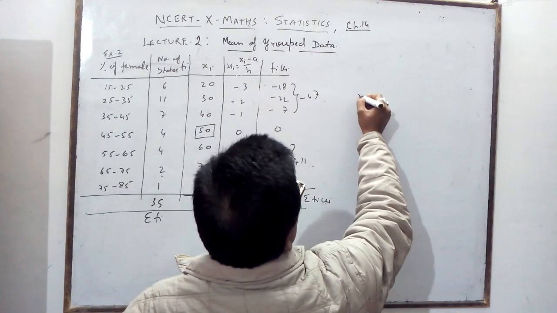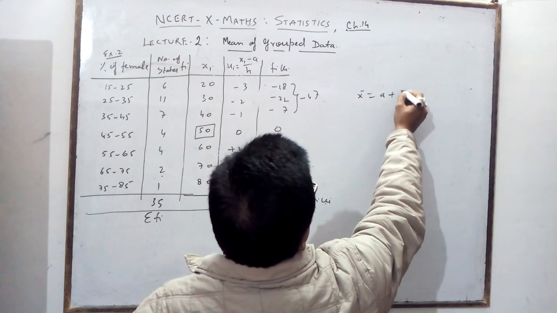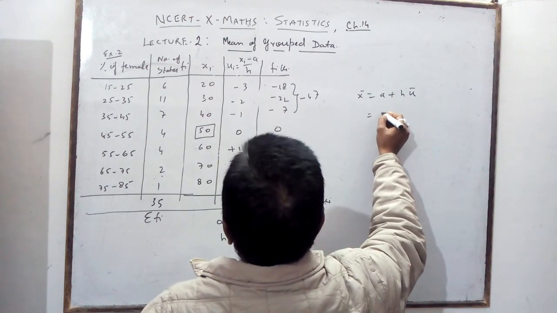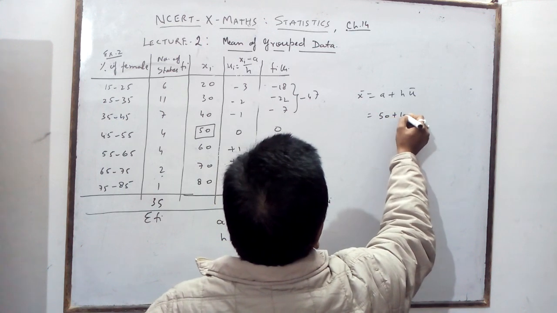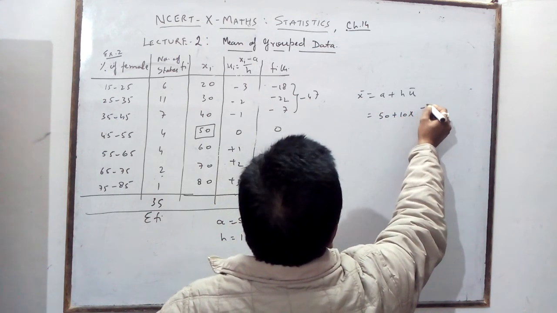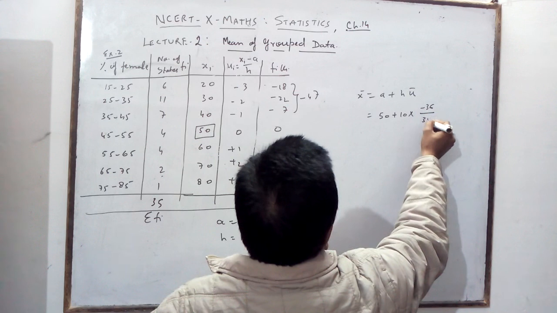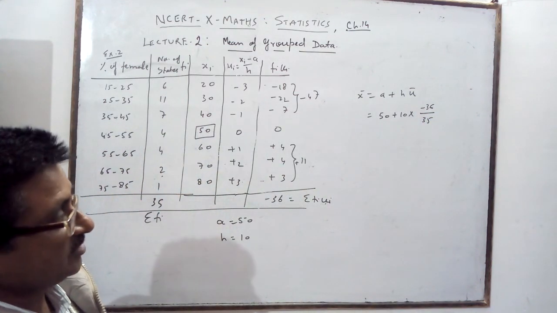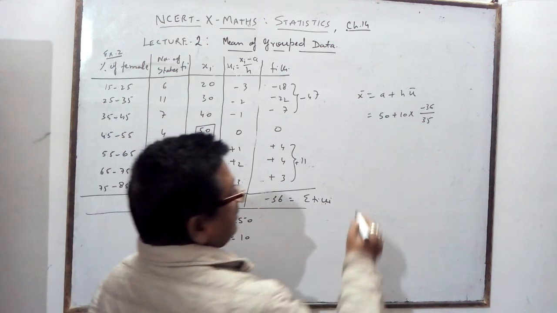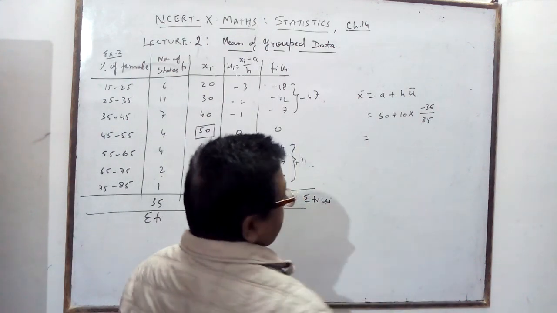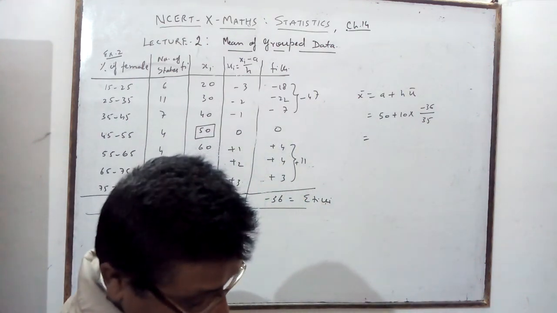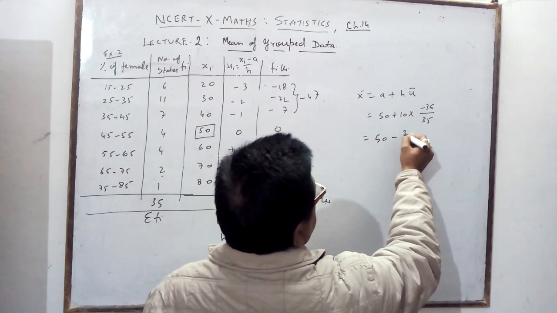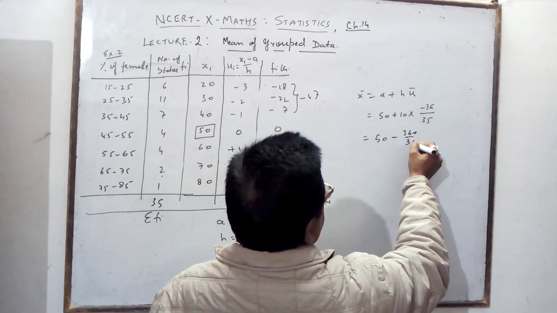So x bar is equal to a plus h u bar. So what is the a? 50 plus 10 into minus 36 upon 35. Your answer will be again the same. You will get 50 minus 360 upon 35.